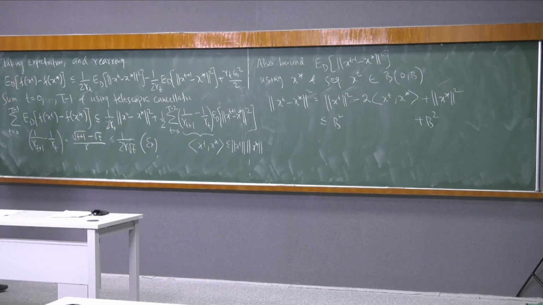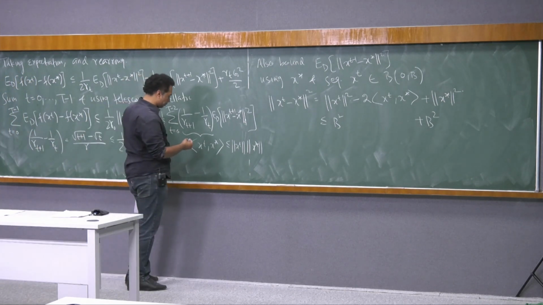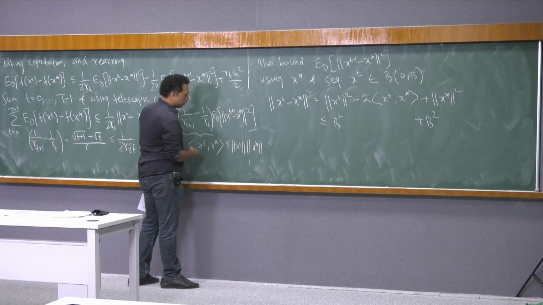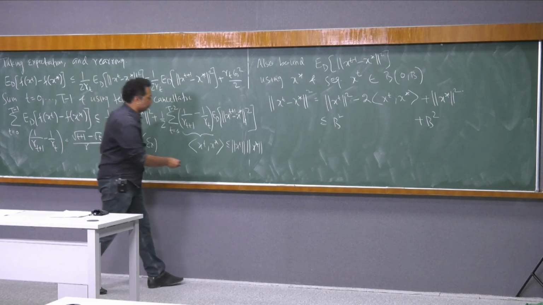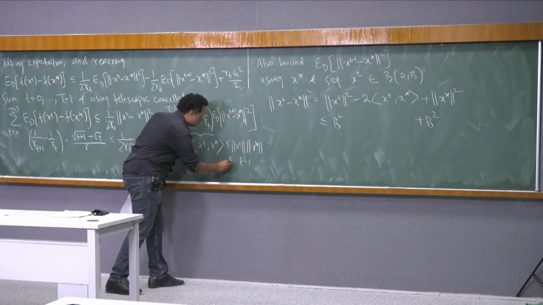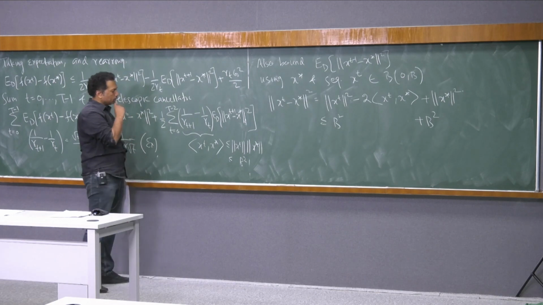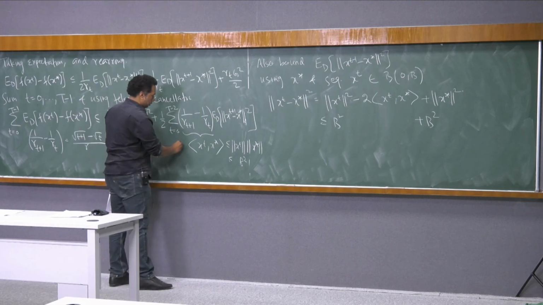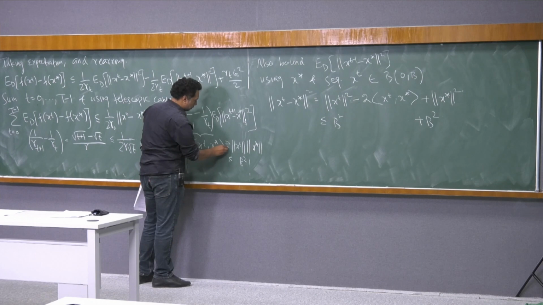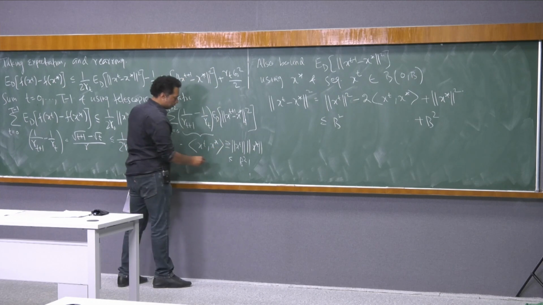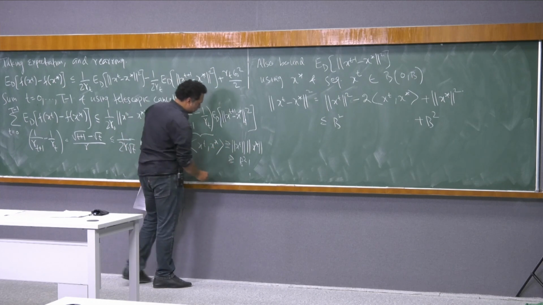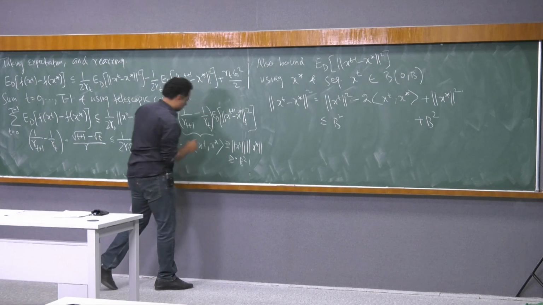So if we do a negative, then we are in trouble. So this is less than equal to b squared, and then the negative of this will be greater than equal to negative of b squared.